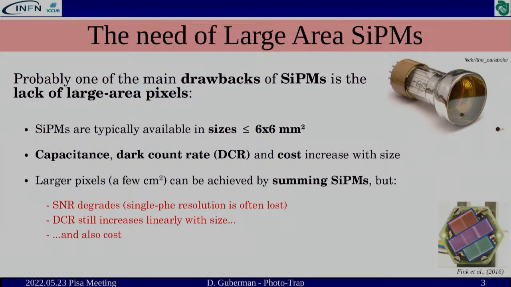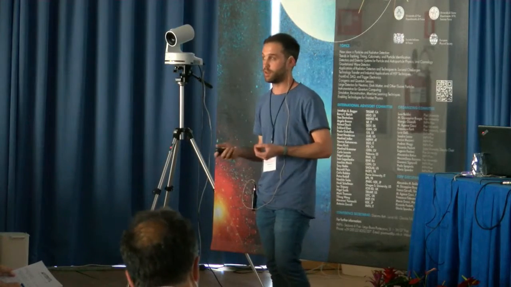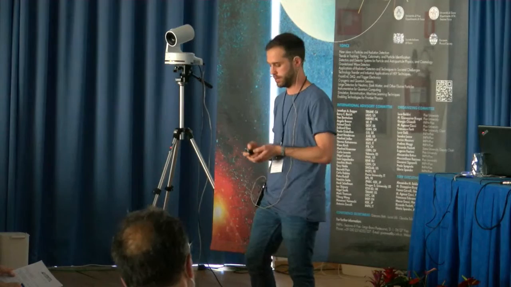But still this way you are increasing the dark rate, of course, capacitance still increases slightly, and power consumption increases. It has many other problems: in the end you also have some degradation of the signal to noise ratio, and you lose the amazing single photoelectron resolution that silicon PMs have.